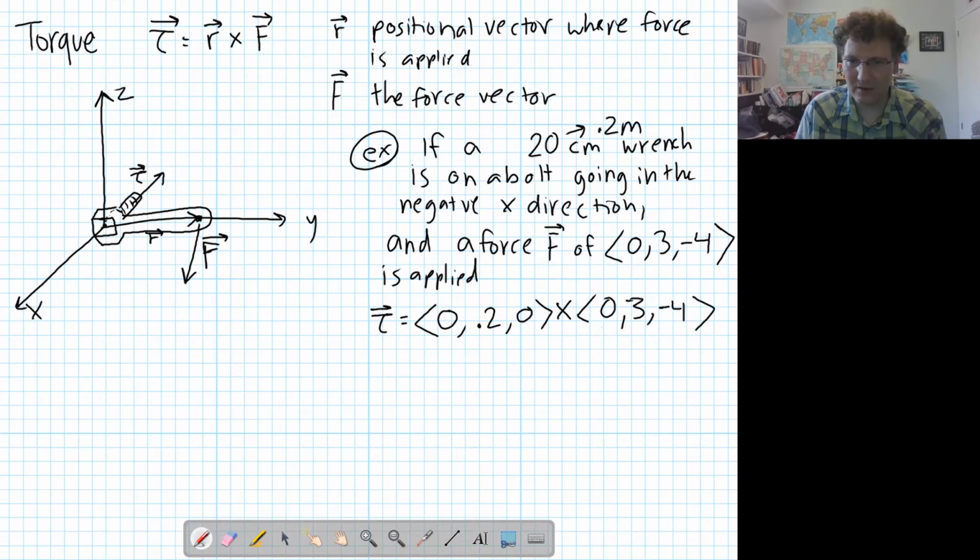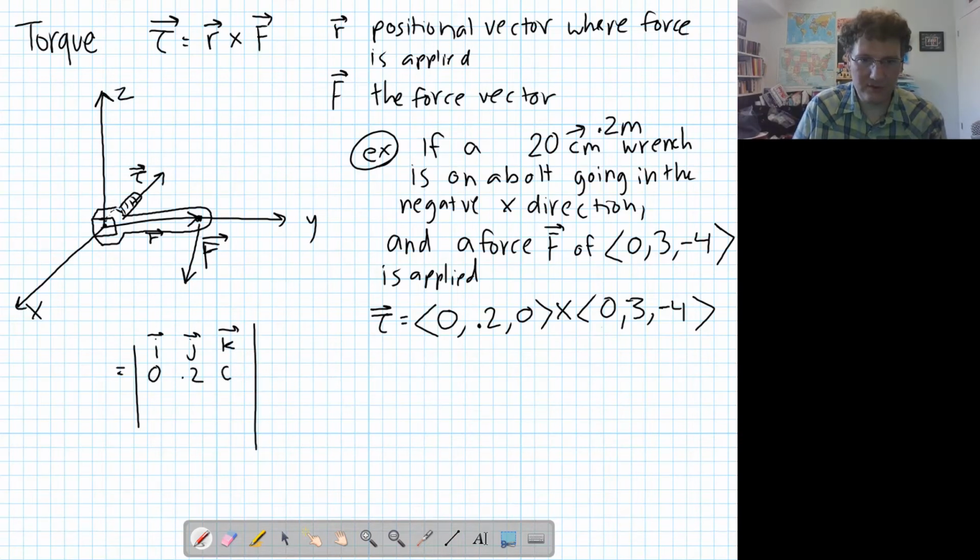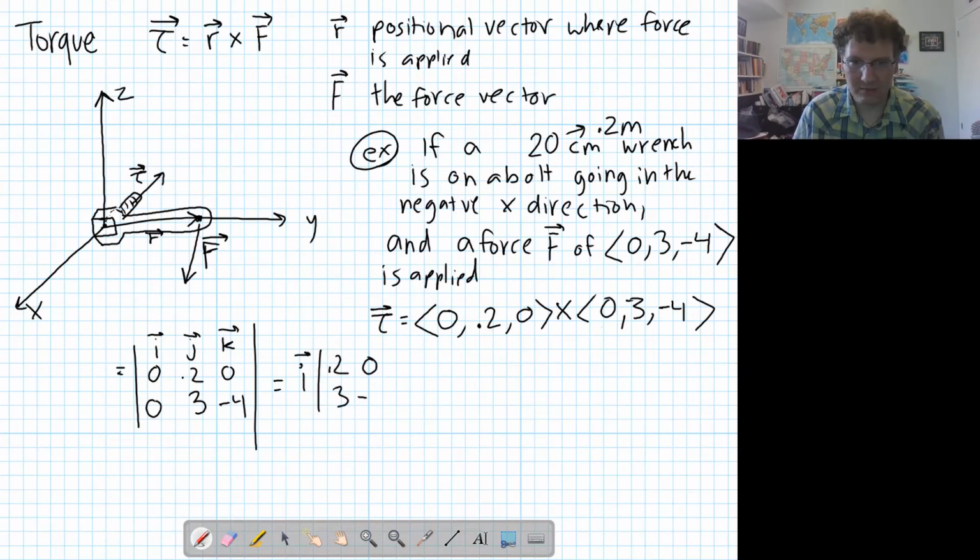That'll give us the torque. So this is going to be the determinant of I, J, K, 0, 0.2, 0, and 0, 3, minus 4. This isn't going to be too bad of a multiplication. It's I times (0.2 times minus 4 minus 0 times 3).